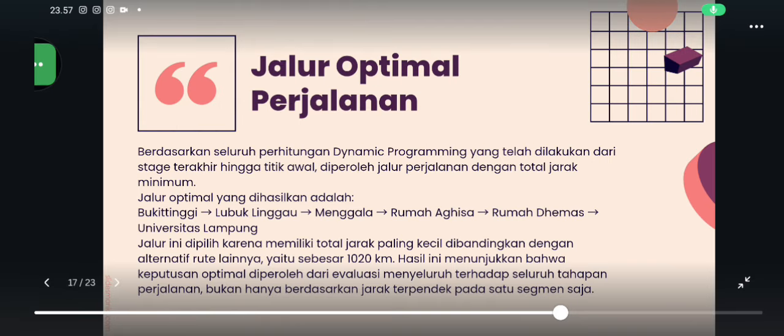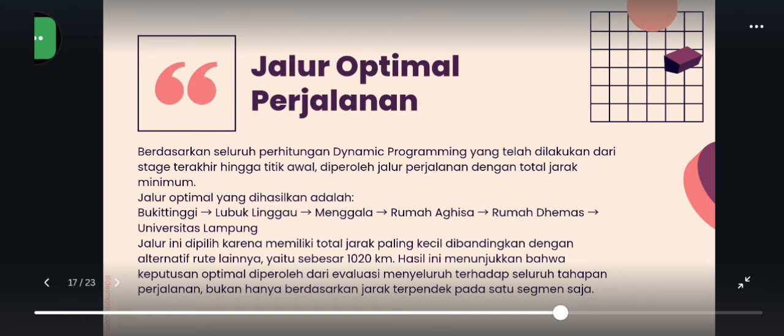Based on all the dynamic programming calculations carried out from the last stage to the starting point, the travel route with the minimum total distance was obtained. The resulting optimal route is Bukittinggi to Jambi, Manggala. This is Jambi, not Lubuk Linggau. Manggala, Aghisa's house, and Dhemas's house, and then the University of Lampung.